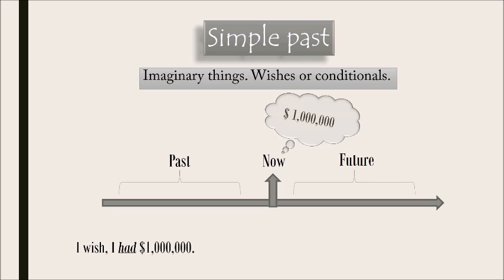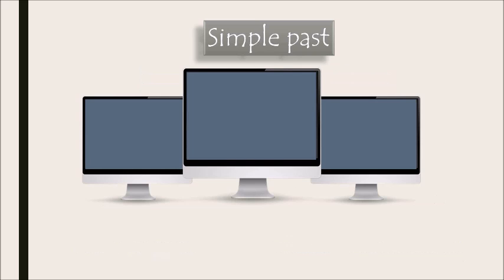So I will use here had and not have because this is not real. Conditional, I will say, if I had money, I would travel the world. So here I say, if I had money. Had comes in the simple past to give the idea that it's not real.